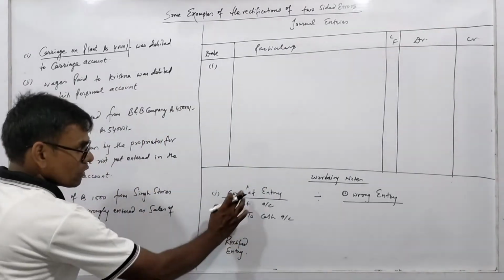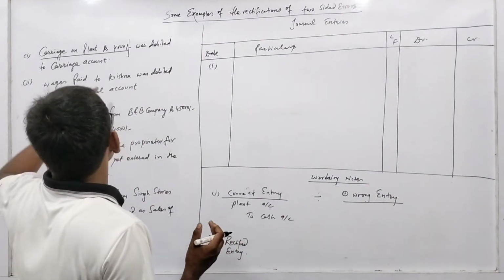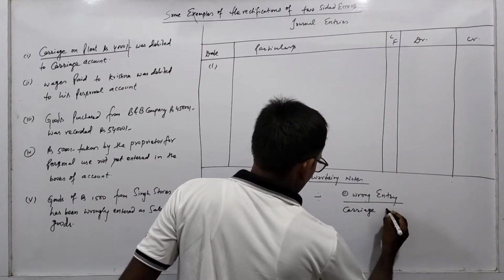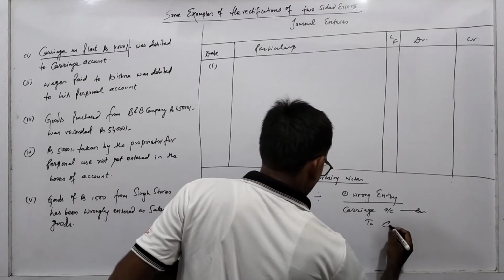So the journal entry, you know, is plant account DR to cash account, but by mistake he has written carriage account DR to cash account.